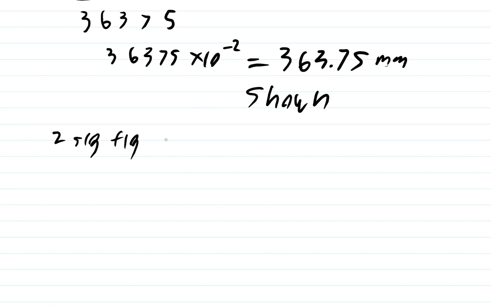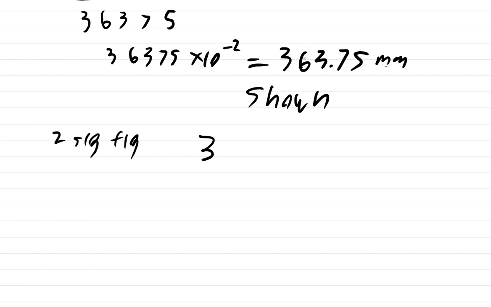Alright, so the first significant figure is the first non-zero digit that you see as you look from left to right. So you have 3. Second significant figure is 6. But just before you write the 6, the number to the right of 6, if it is 5 or more, you're going to go back to 6 and add 1 to it to turn it into 7. But if it is less than 5, you will have the 6 remain where it is.